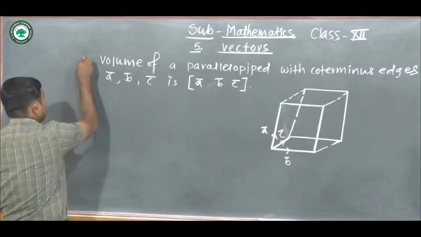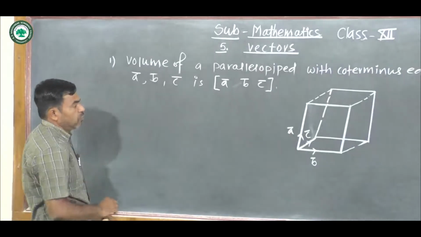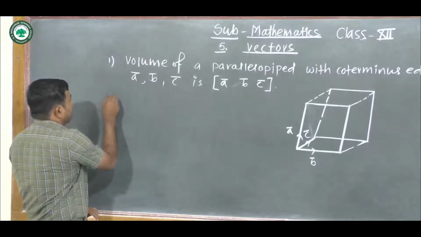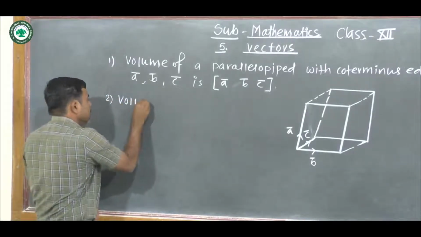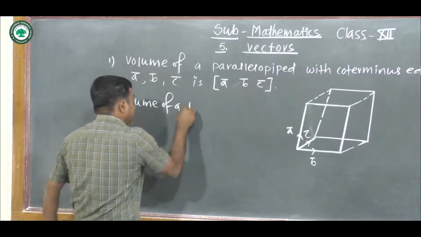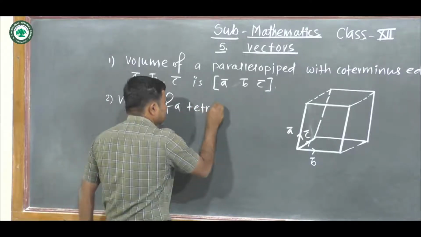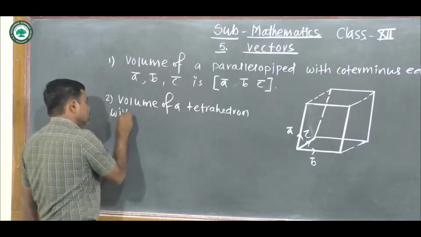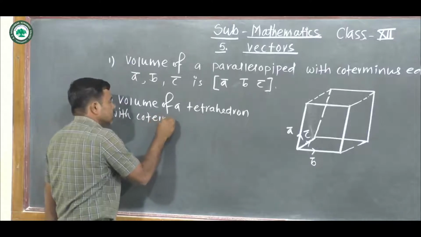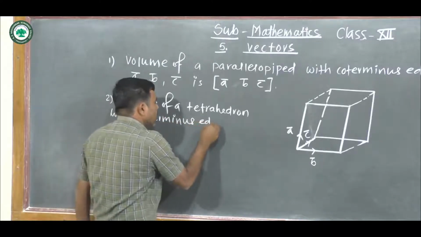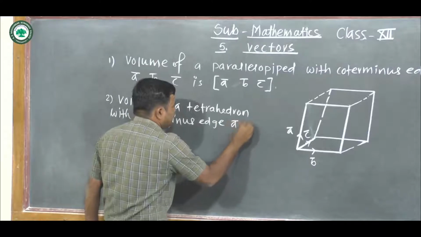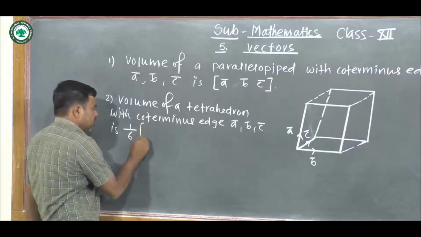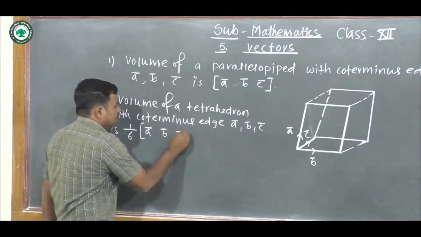Now the next theorem, which is also given in the textbook with proof, but the proof is deleted, is the volume of a tetrahedron with coterminous edges A bar, B bar, C bar is 1/6 into the scalar triple product of A bar, B bar, C bar.